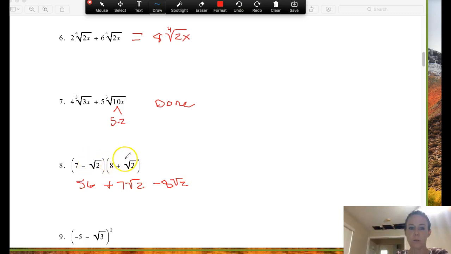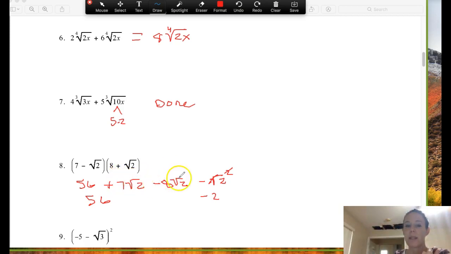And then last, negative root 2 times positive root 2 will be negative root 2, and then you're going to square that. Now the beauty of doing that, when you square the root, well, the root and the square root cancel, so you just have negative 2 here. So what I have is 56. These are identical roots, so I can add them.